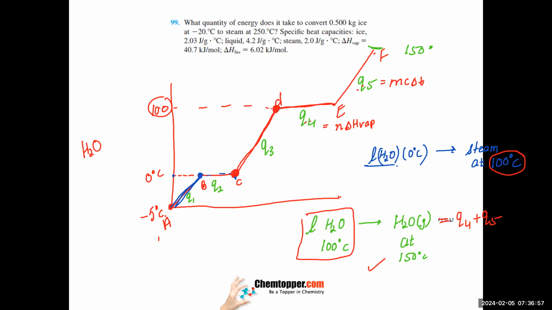But D is liquid, and you need steam. Steam means gas. So where should you go? E. So what's the answer for this? How much heat? Q3 plus Q4.